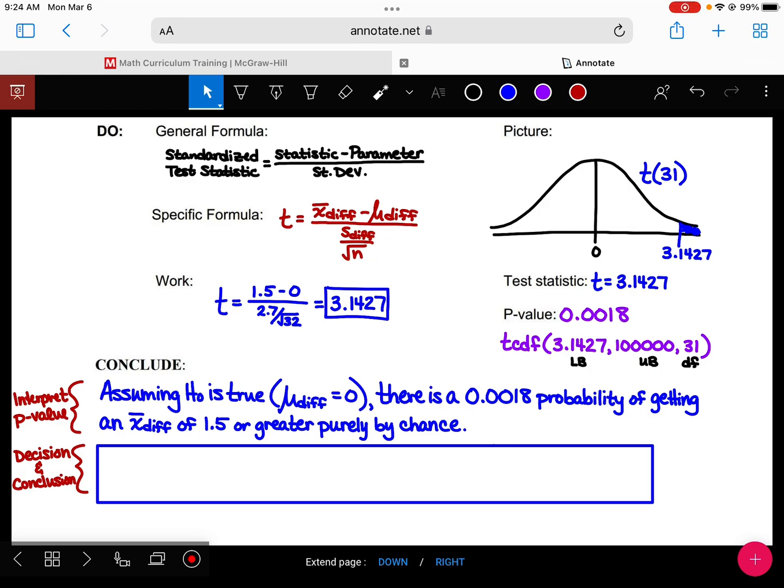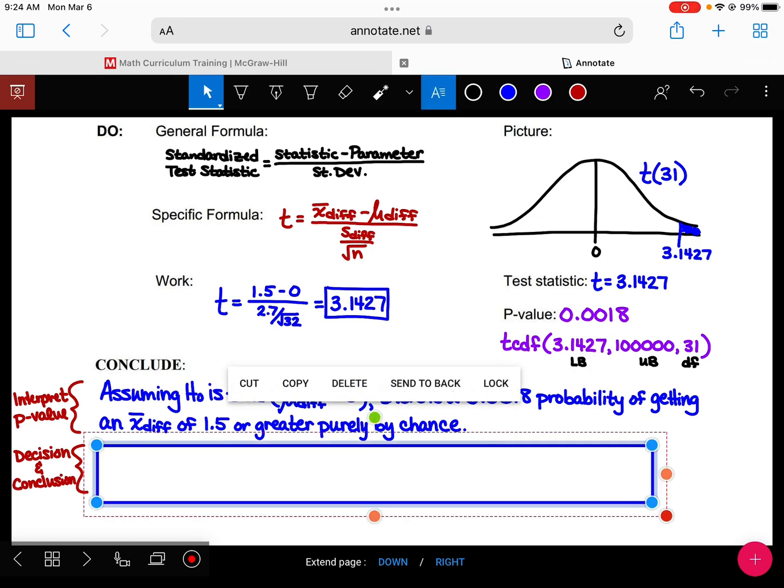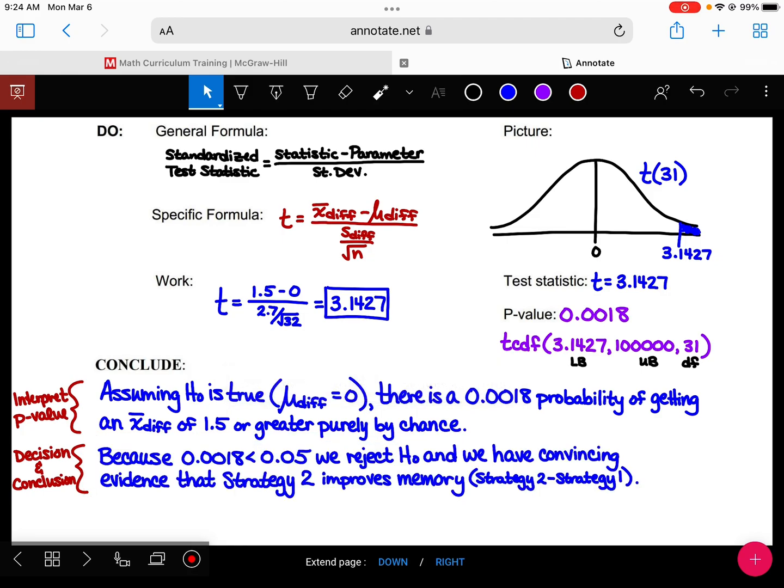So tell me what that alternative hypothesis means in context. Strategy 2 improves memory. Versus strategy 1, yes. Because 0.0018 is less than 0.05, we reject the null and we have convincing evidence that strategy 2 improves memory over strategy 1.